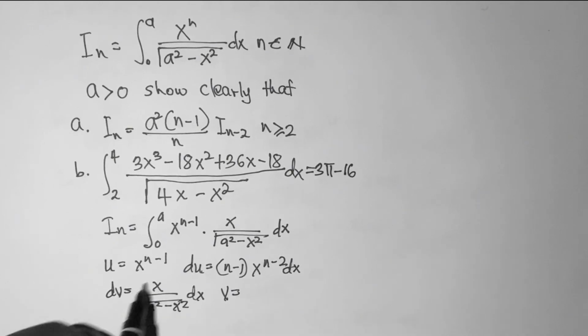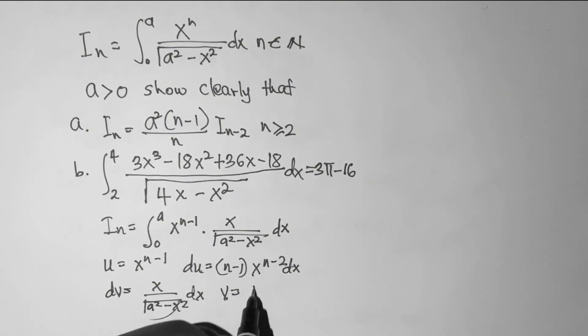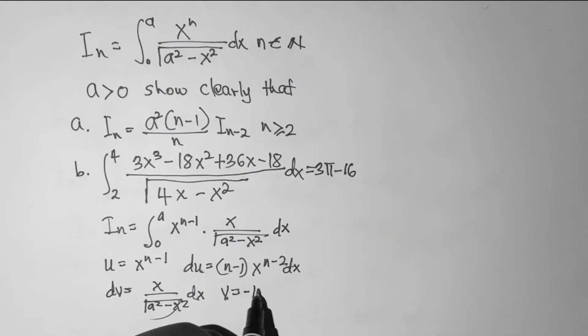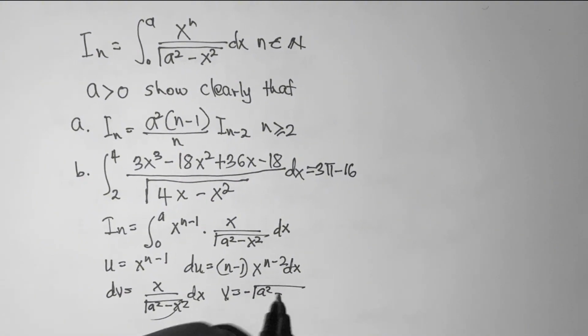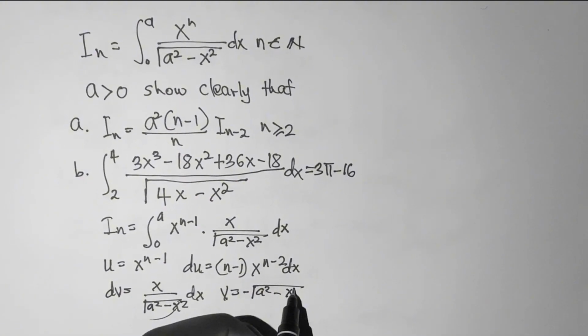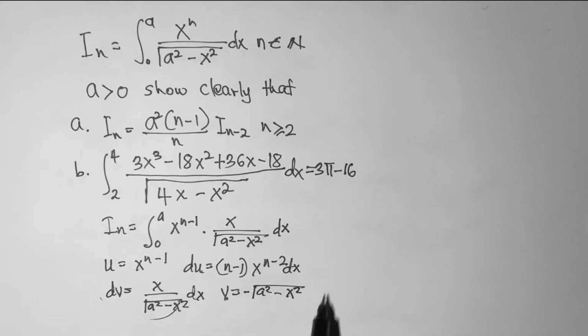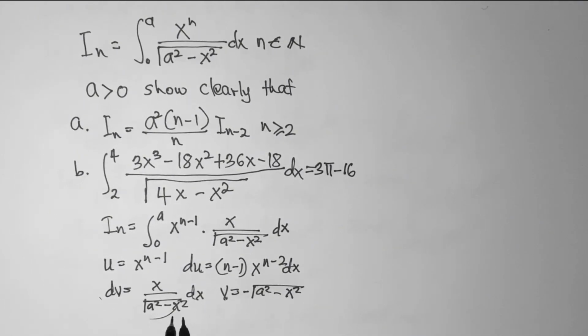So v is to integrate this, and if you integrate all of this, you will get minus square root of a squared minus x squared. If you don't understand how this comes about, I've already done a video on how to integrate rational functions, so I will link it in the description, so you can watch that video and understand why this integral is like this.